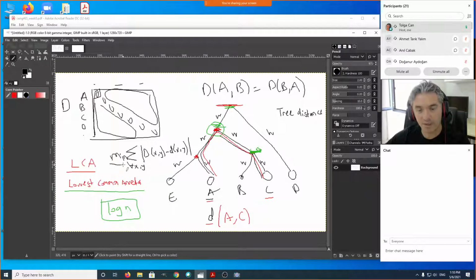Your goal in this optimization problem is to minimize this distance between this and that.